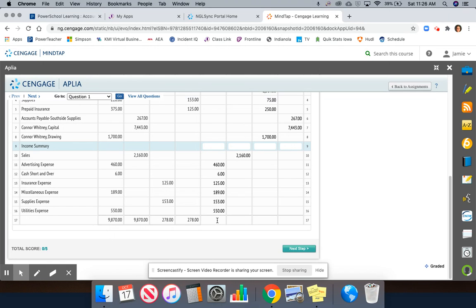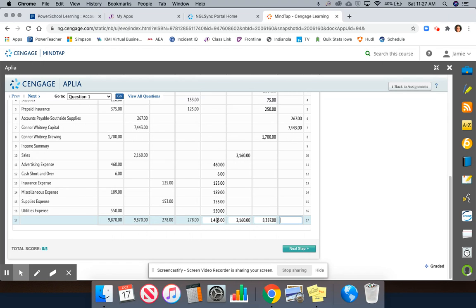Now we need to total up those columns. So take your time using a calculator, total up those columns. So for our income statement debit amount, we have $1,483. Our sales amount, our revenue amount, $2,160. Balance sheet amount, $8,387.